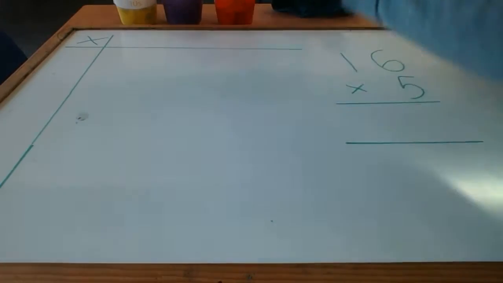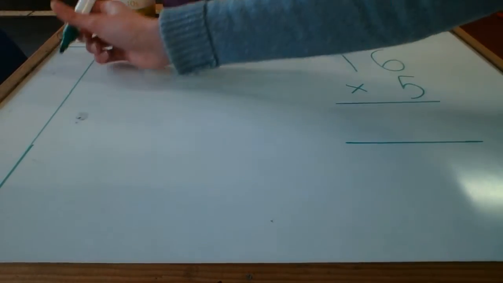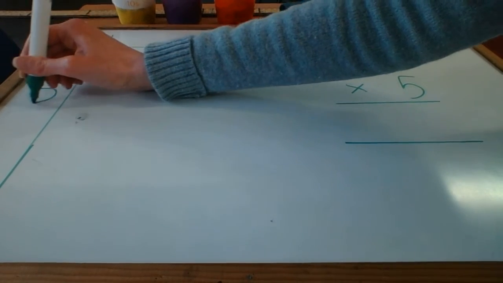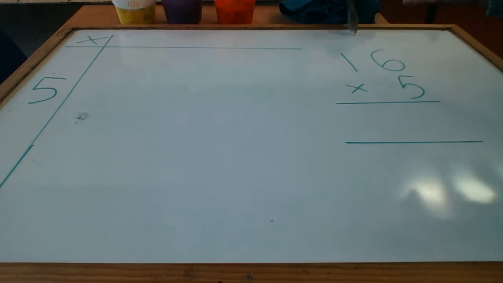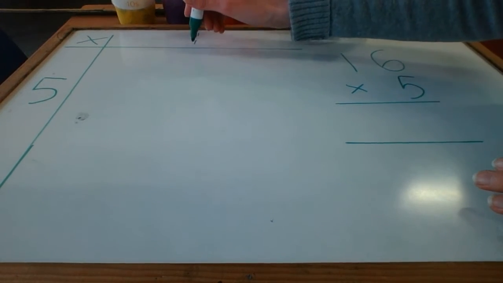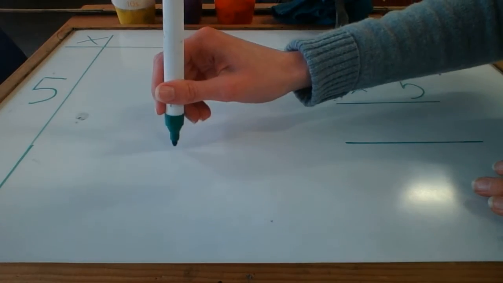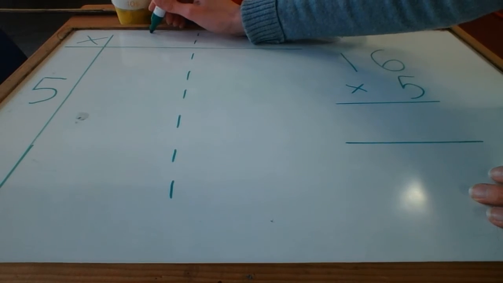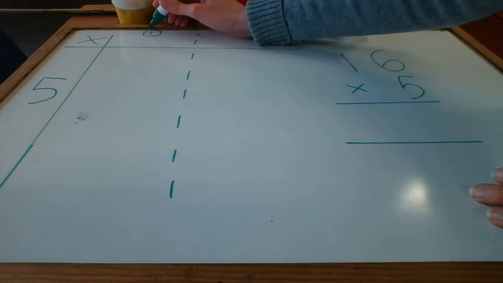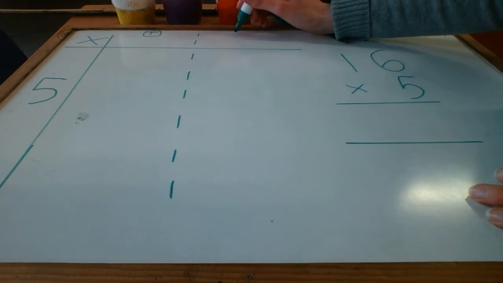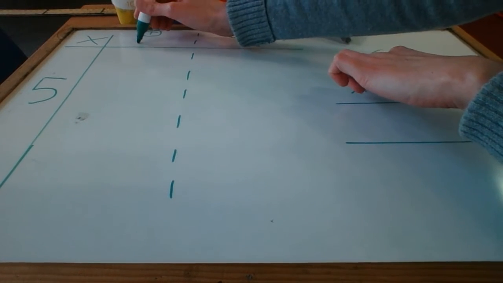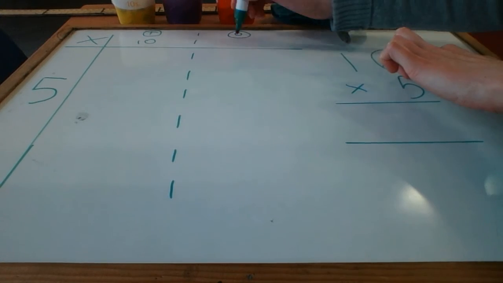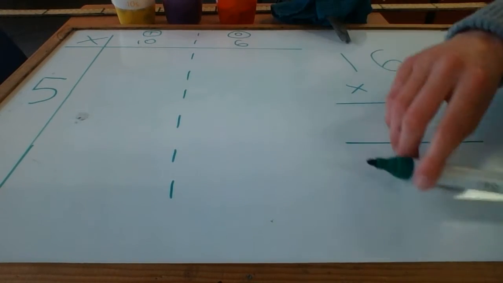So in my array, I can do the 5 on this side, the 1-digit number on this side, and then I can split my array into tens and ones. I'm not going to use a ruler for that, simply because I'm a bit worried I'm either going to hit the laptop or these cups. So tens and ones. So I've got 1 ten in 16 and 6 ones in 16.